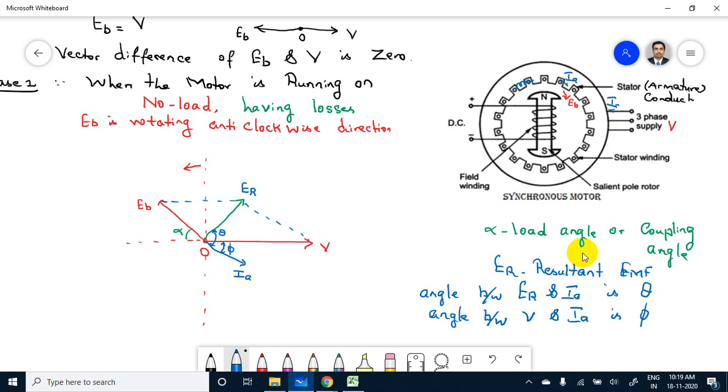So this resultant EMF is rotating in clockwise direction. During this time in a synchronous motor, when you apply AC voltage as well as DC voltage, at the starting stage it will be running anti-clockwise, then suddenly it will move to clockwise direction.